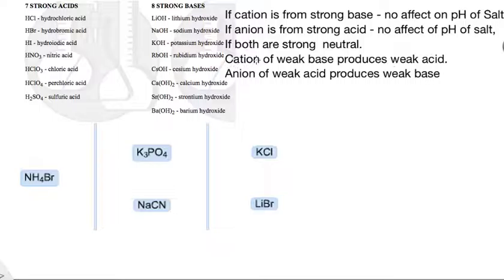If the cation is a weak base, weak base produces a weak acid. Okay, so if the cation is derived from a weak base, the salt produces a weak acid.